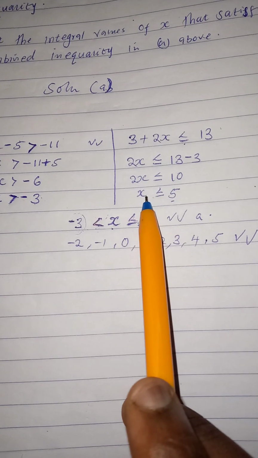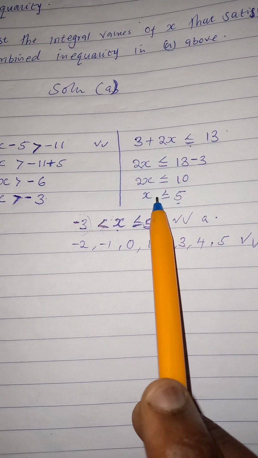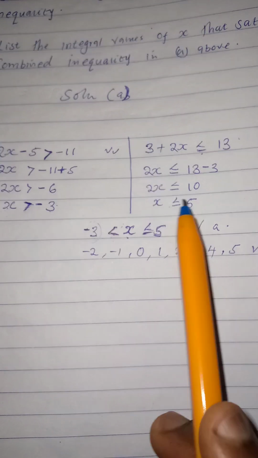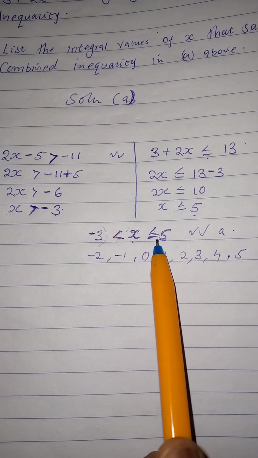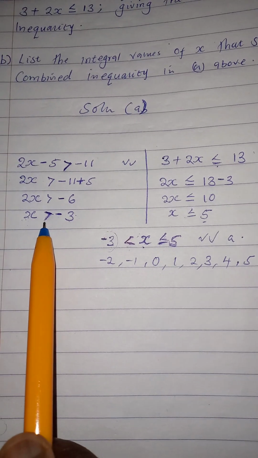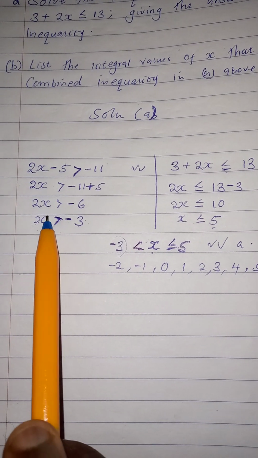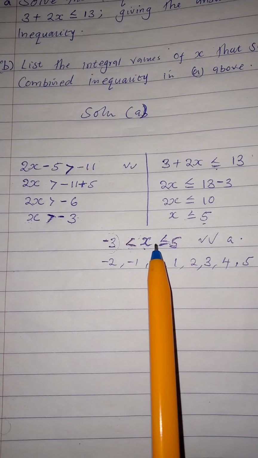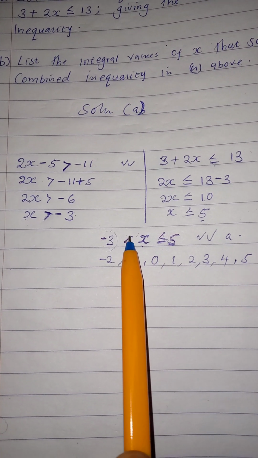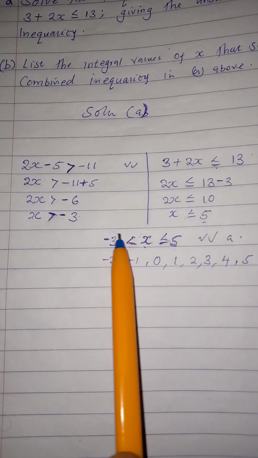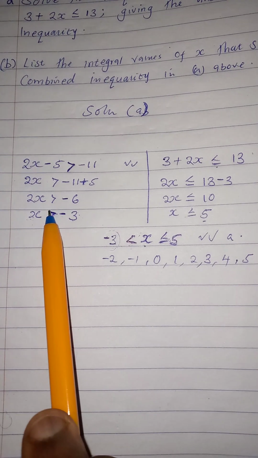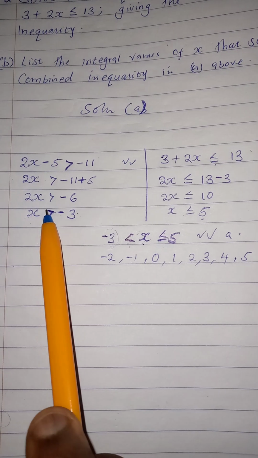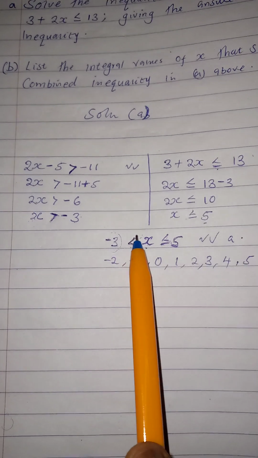Looking at this one, the sign was facing 5, so here the sign must face 5. Coming also here, the sign was facing x, so it must also face x, because negative 3 will be on this side. So the sign changes from greater than to less than.